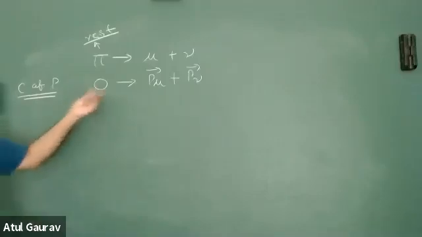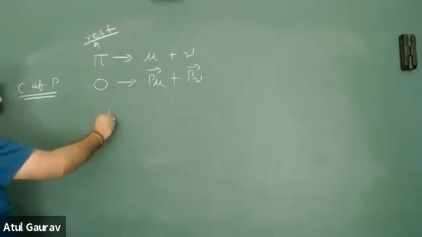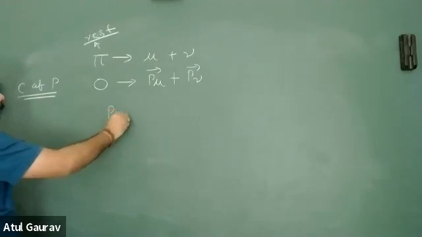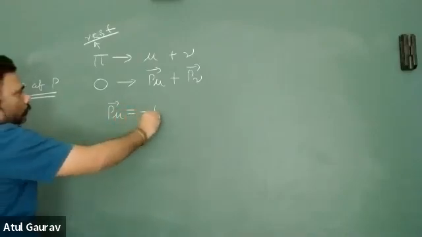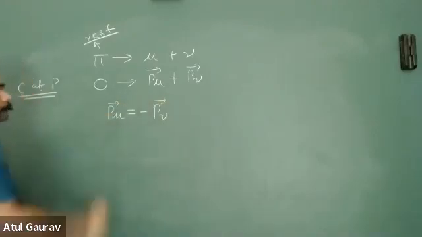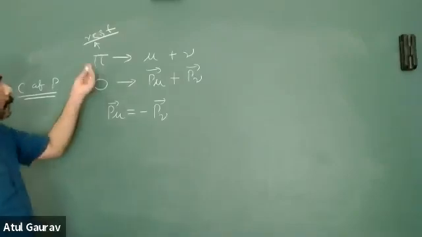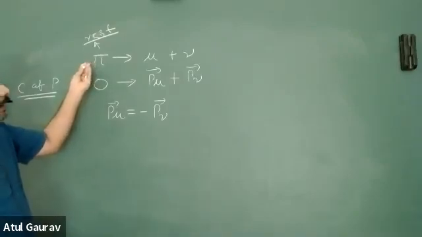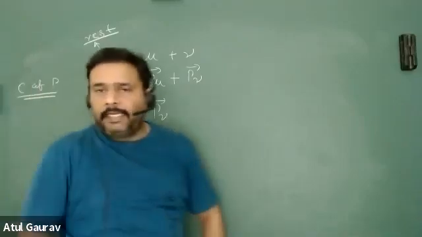So I have started with the scratch. From here, what is the meaning of that? P mu is equal to minus P nu. The meaning of that is the pion is at rest and suddenly it will decay into 2 particles.